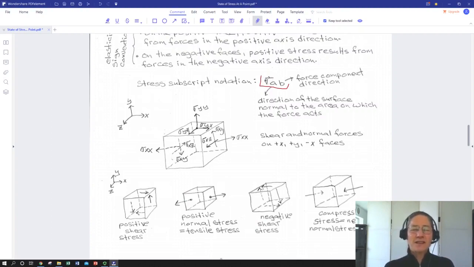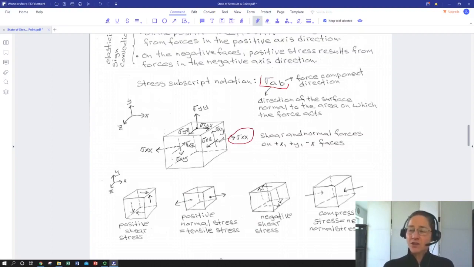So everything is going to be defined as sigma sub this or that. So if I'm looking at my normal force in the positive direction on the positive x face, I would have sigma x for I'm on the x face, in the x direction, I get sigma xx. So here's my normal stress in the x direction.